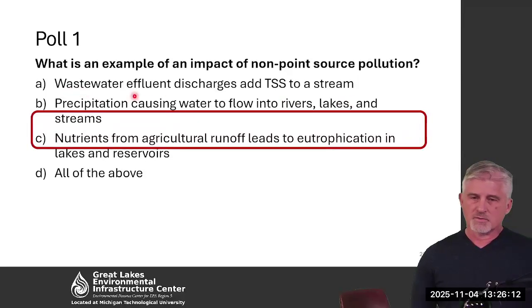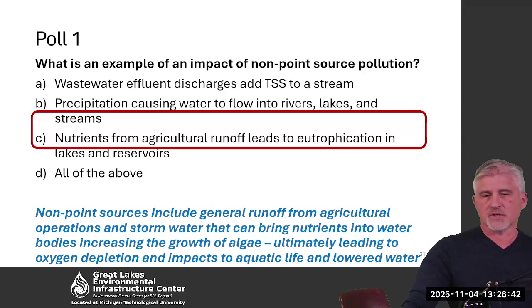Wastewater effluent discharging to a stream is a point source, not a non-point source, so that wouldn't be the answer. And precipitation causing water to flow into rivers, lakes, and streams is not necessarily an impact, because just because it flows into the river doesn't mean that it's going to impact it.